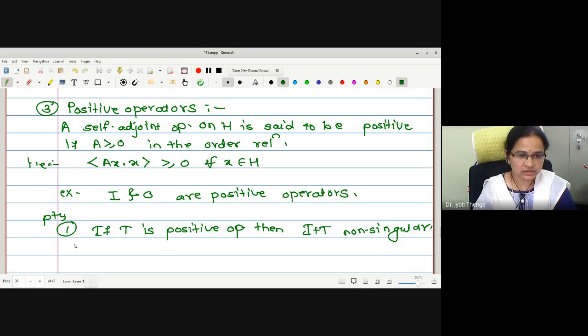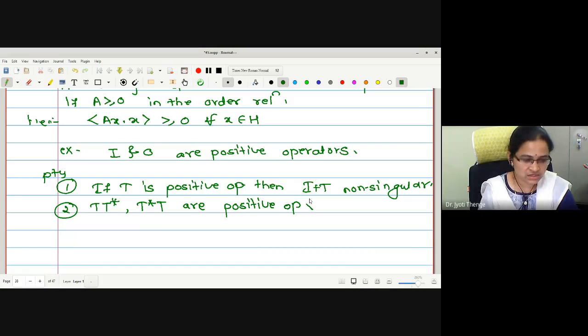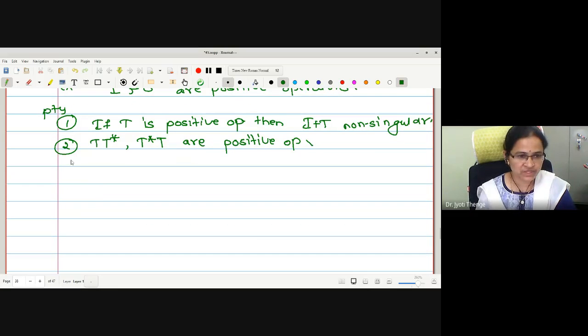Property number 2: T star and T star T are positive operators. Okay, these are the two properties we have studied.